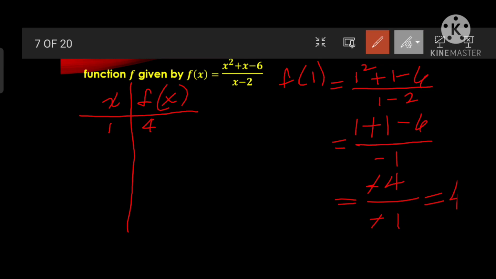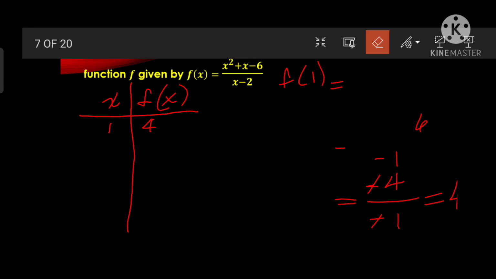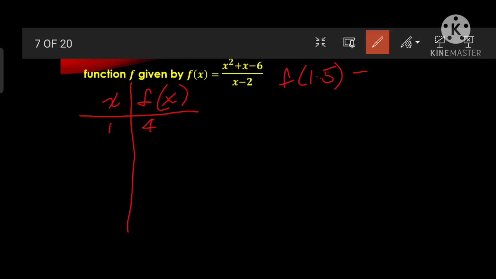Next, let us choose another number closer to 2. Let's say 1.5. Actually, we can choose 1.6, but in this case, let me choose 1.5. We will observe, as we assign values closer to 2, what will happen to the value of f of x.